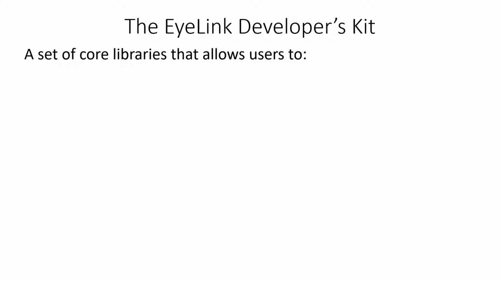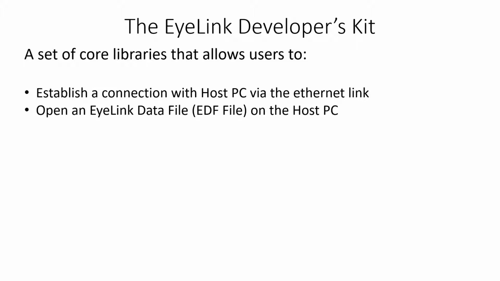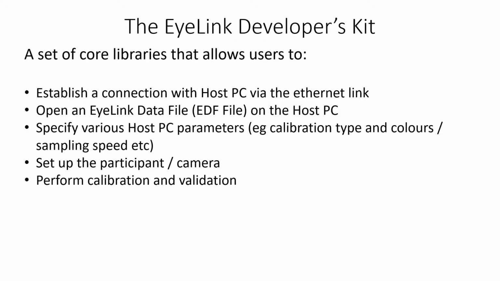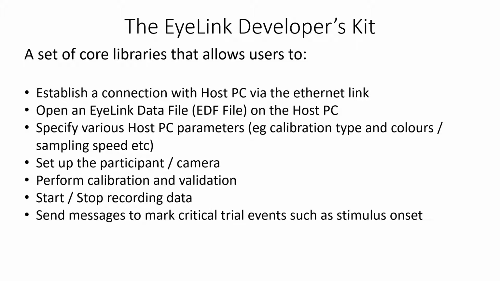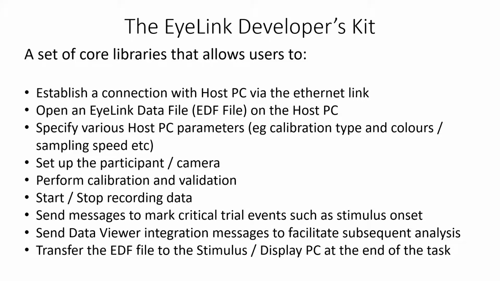In a typical eye tracking experiment, the Developers Kit libraries allow other software to establish a connection with the host PC, open an EyeLink data file, specify various host PC parameters such as the calibration type and colors, set up the participant and camera, perform calibration and validation, start and stop recording data, send messages to mark critical trial events such as stimulus onset, send Data Viewer integration messages, and transfer the EDF file to the display PC at the end of the task.